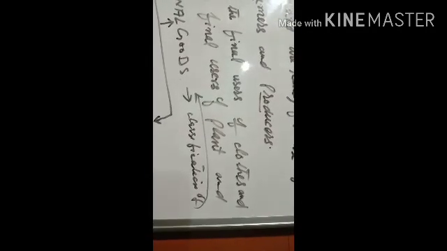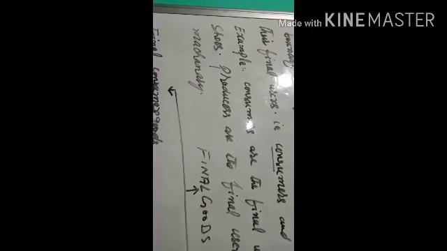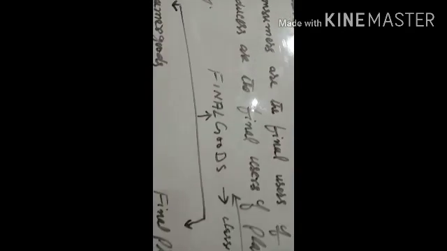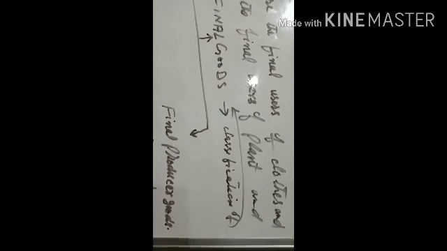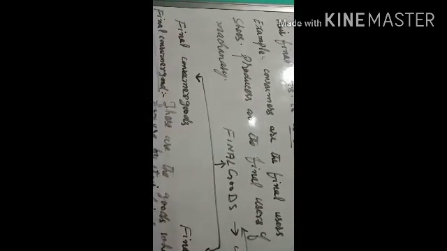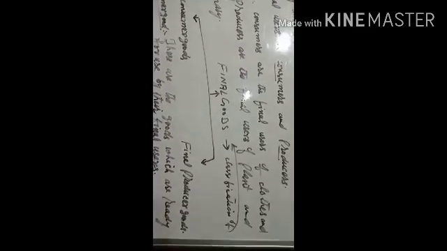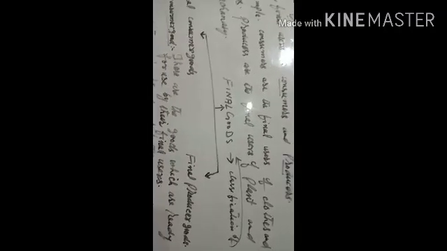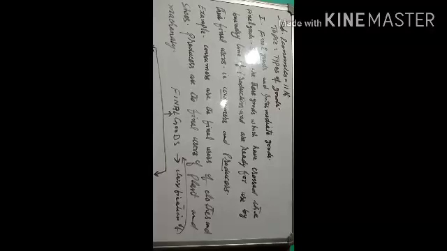Examples of final goods: consumers are the final users of clothes and shoes. Producers are the final users of plant and machinery. Dear students, these are the final goods.